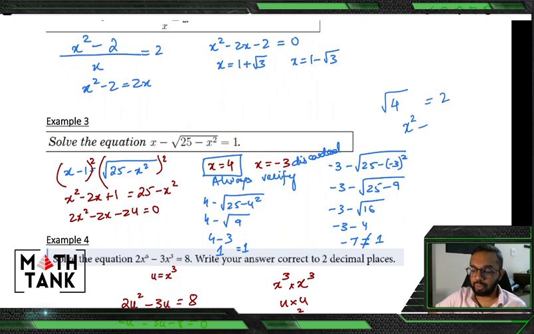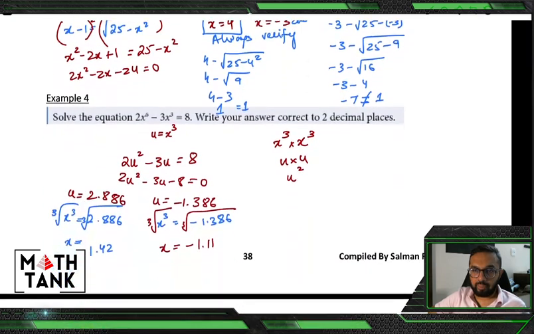When you put the root yourself. If you put a root yourself, you have to take both possibilities. But if you look at this question, a root is part of the question. Therefore, when you are verifying your answer, you have to make sure that your equation balances. You can see in my calculations that minus 3 is discarded because it does not balance this equation that I've done here.